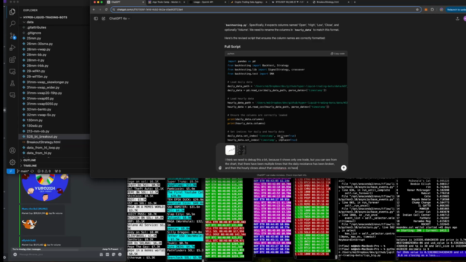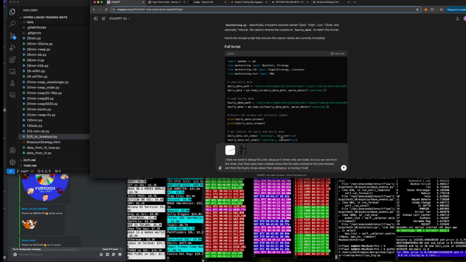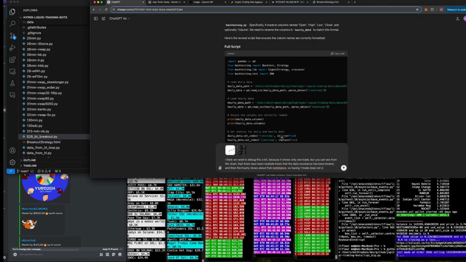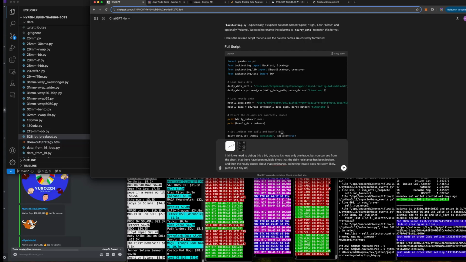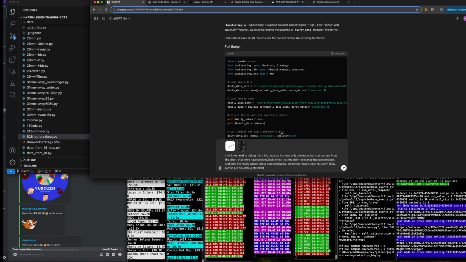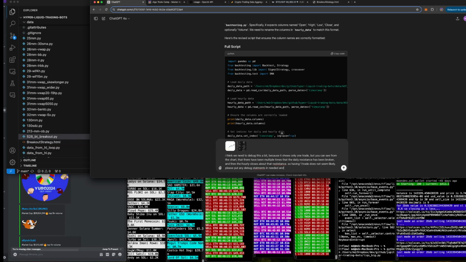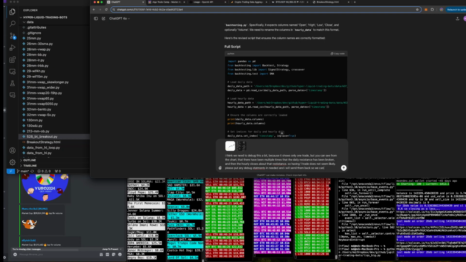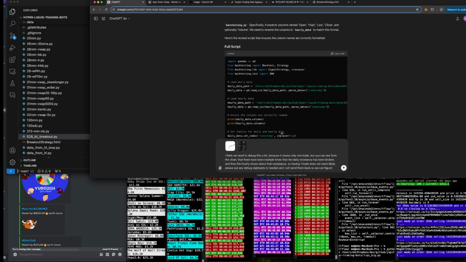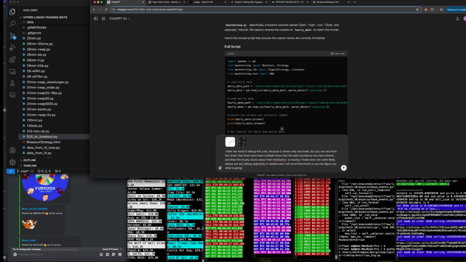So having one trade does not seem likely. Please put in any debug statements needed and I will send them back so we can figure out what is going on.